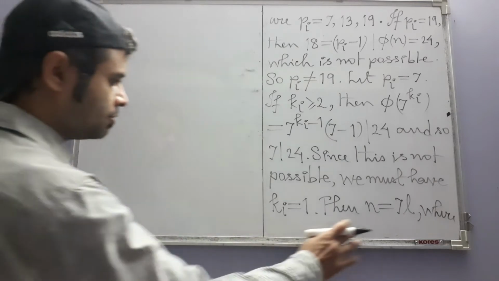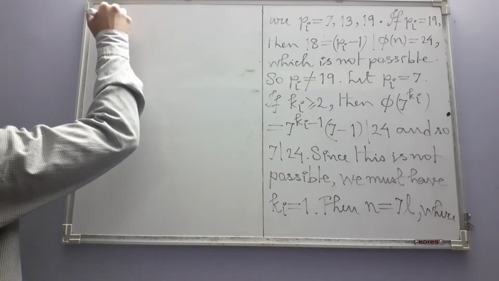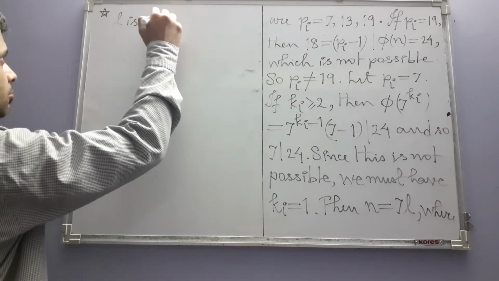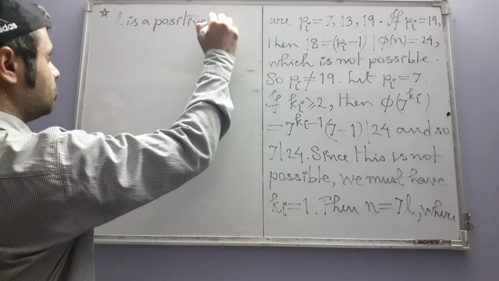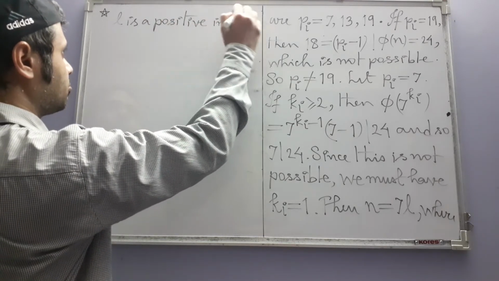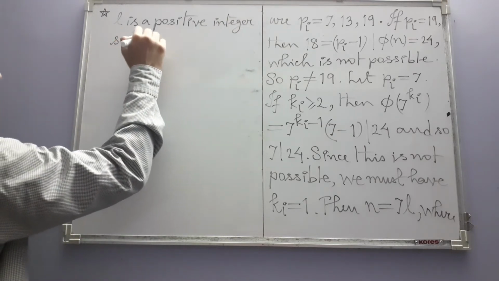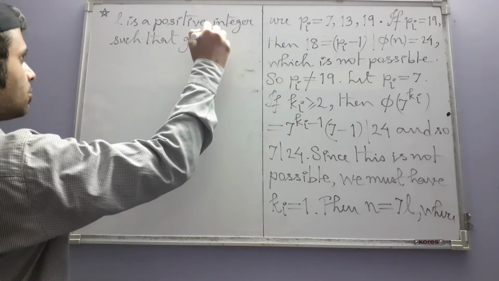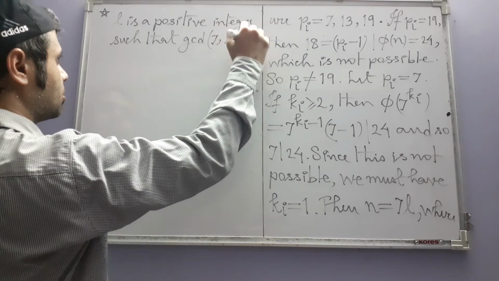So GCD with 7 is 1, where L is a positive integer such that the GCD of 7 and L is equal to 1.